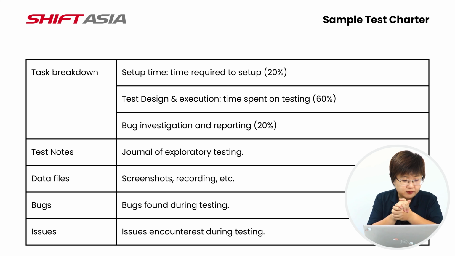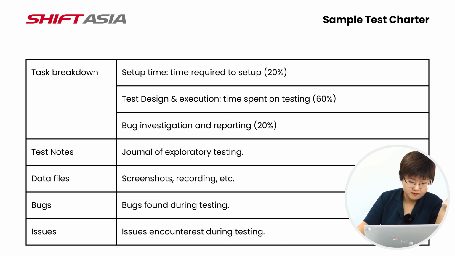Okay, so next is test breakdown and test notes. Usually as a ratio, we apply the following ratio for the task: 20% of time for setup, 60% for test design and execution, and finally 20% for the final phase, bug investigation and reporting. We also write some notes as a journal for the exploratory testing, here, what to verify, the main scenarios.